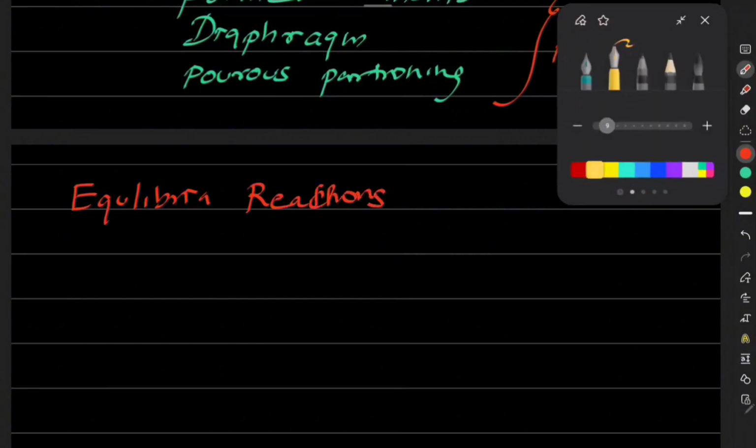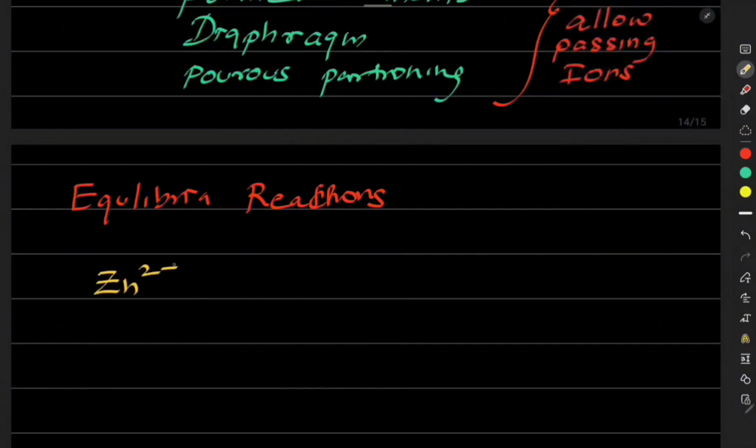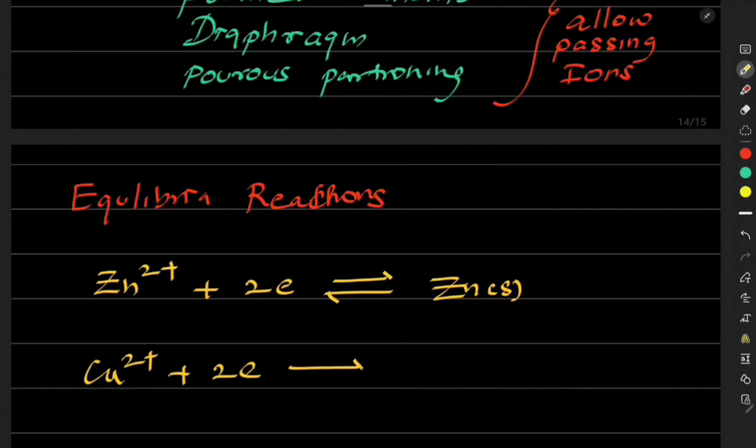The first: zinc 2 plus plus 2 electrons form zinc solid. And copper 2 plus plus 2 electrons form copper solid.